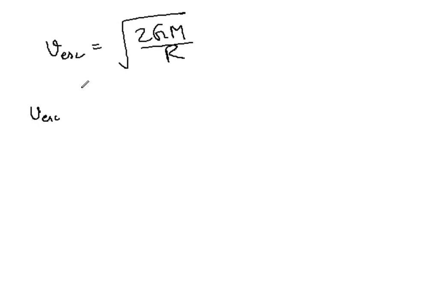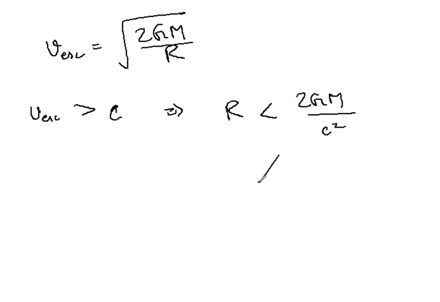Let me put it in a different way. If the escape velocity is greater than the speed of light, that is, if R is less than 2GM by c squared, such a body would trap light.